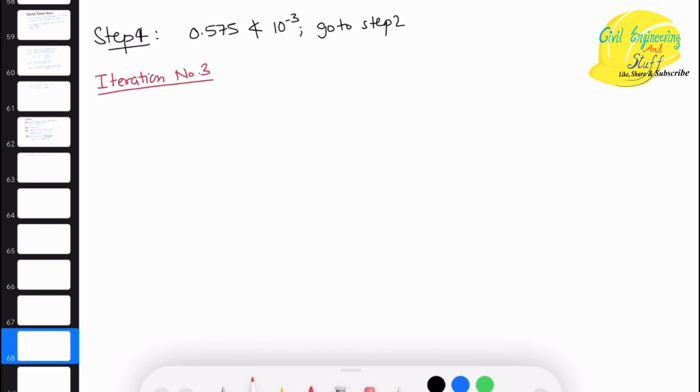This method requires thorough, good calculation skills, good presence, because a slight mistake will waste your whole time and give you a wrong answer, right? You will keep on doing iteration over iteration over iteration, but you won't get the answer, right?